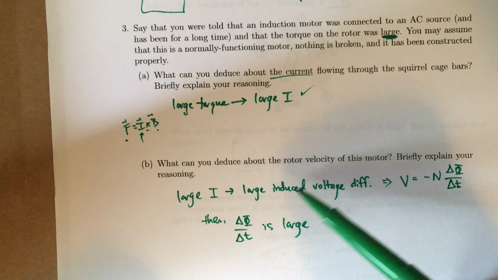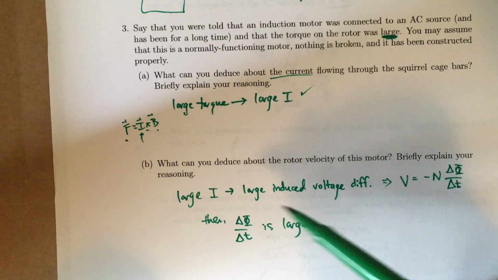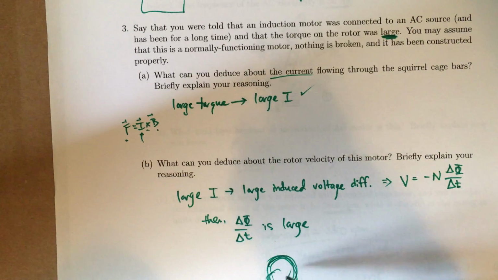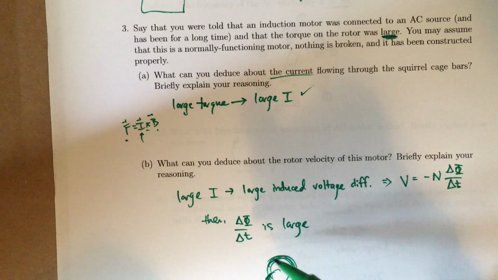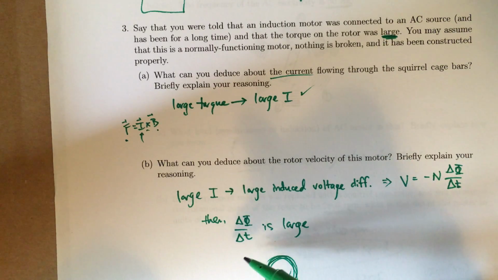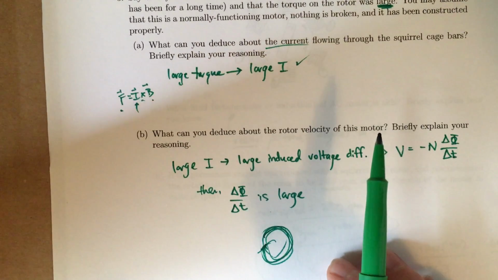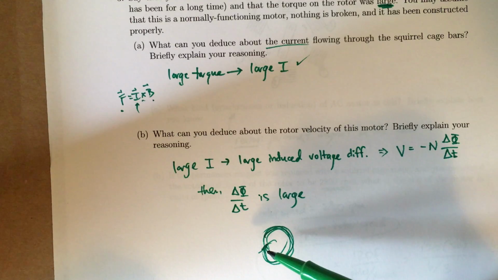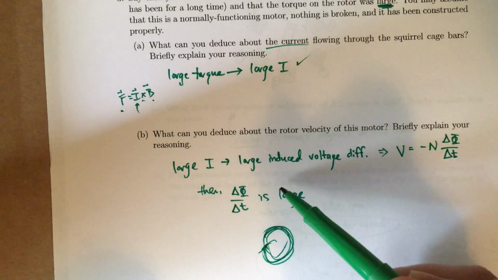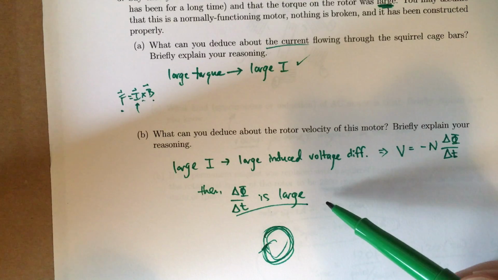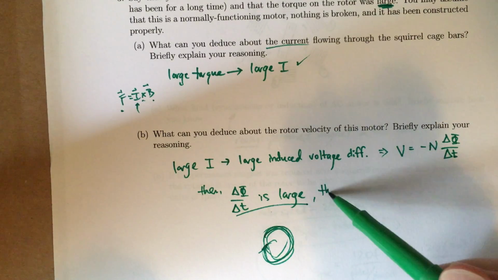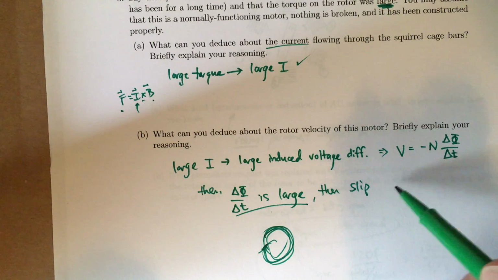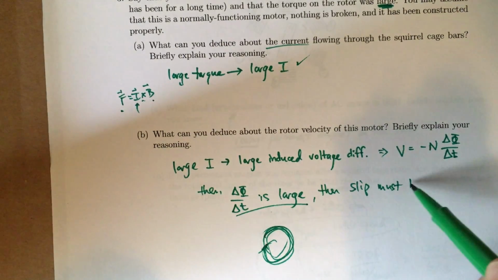Well, it's because there's this difference between the rotor speed going around, okay, and the speed of the magnetic field rotating, the synchronous speed, that we can calculate and did calculate on the first question of this quiz, okay? So if that is changing a lot, then slip, that difference between rotor speed and synchronous speed, must be relatively large.